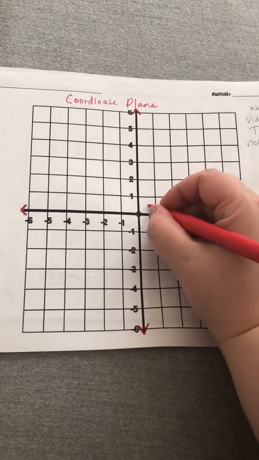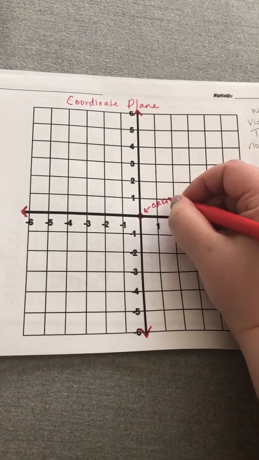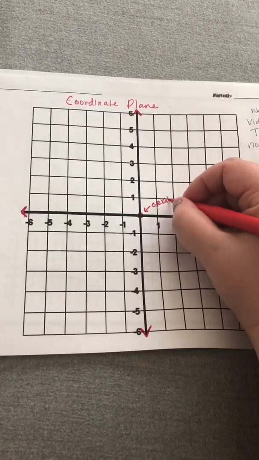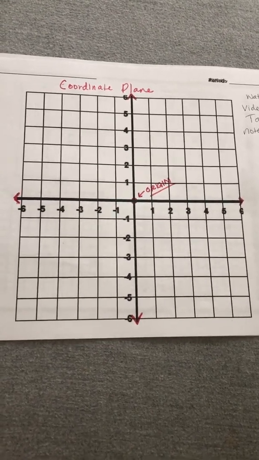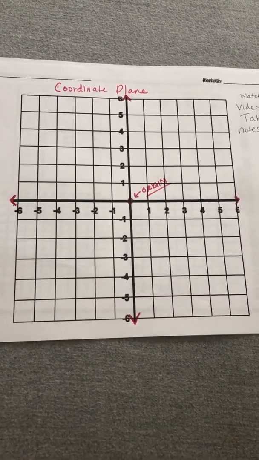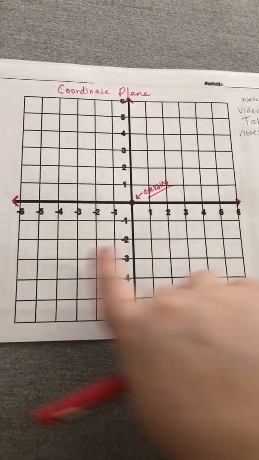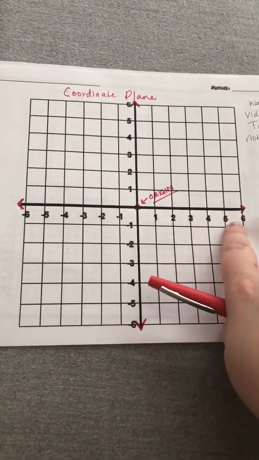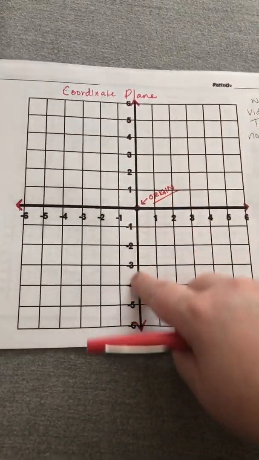This middle part is called an origin. That's where the two number lines cross, and that is called 0. It's actually 0, 0. So it's a number line that goes positive and negative, and this one goes positive and negative.